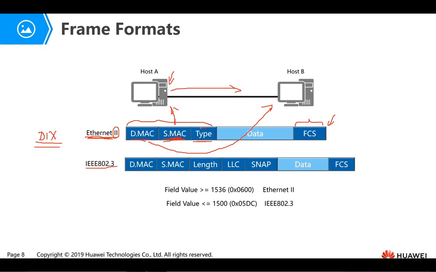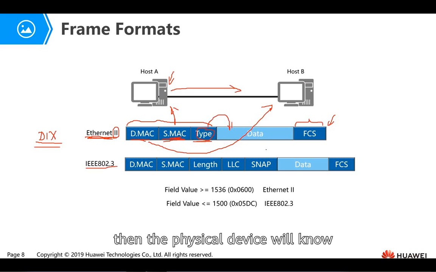And then the type field. This type field identifies what data is contained in the upper layer. As we know, in layer 2 this is the Ethernet link, so the physical device will know this is an Ethernet network. But what is carried in the Ethernet?